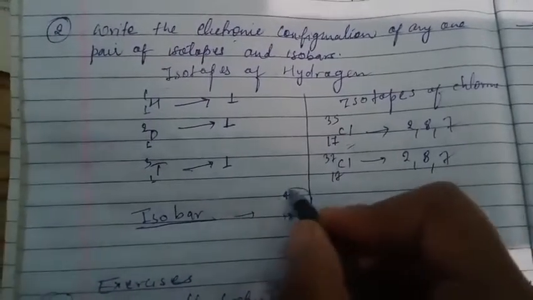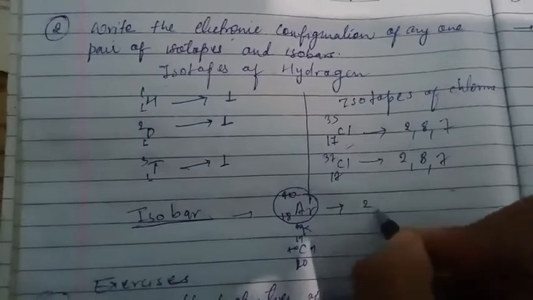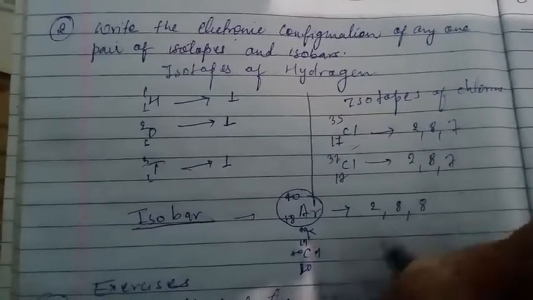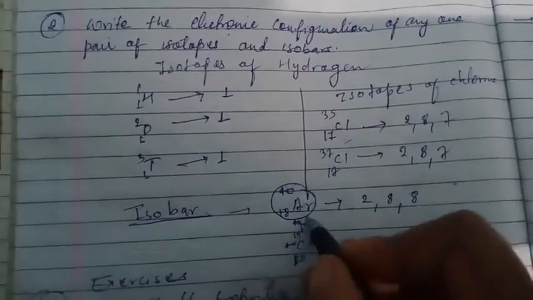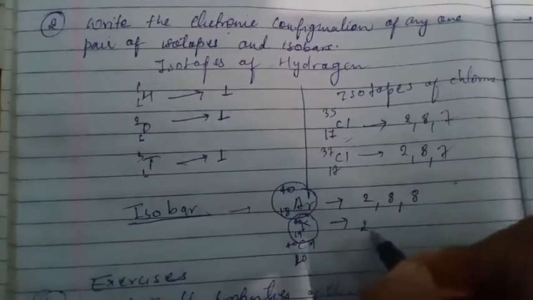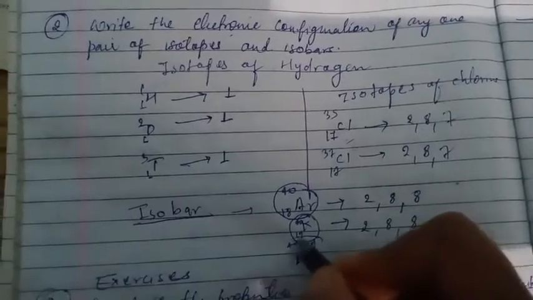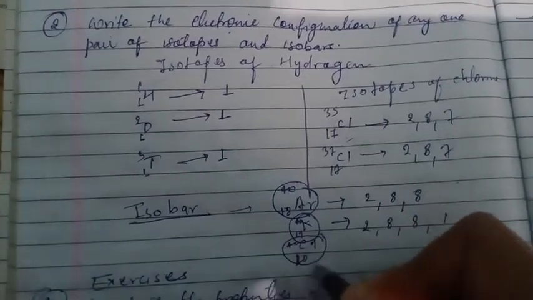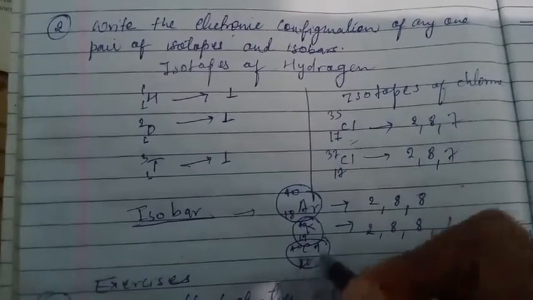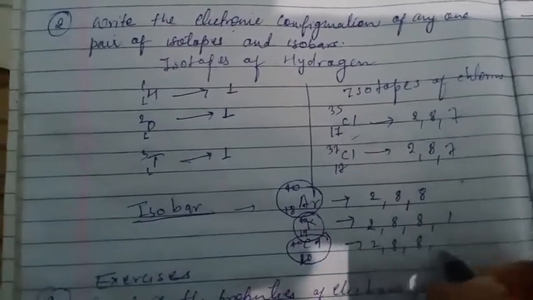Okay, so we will write the electronic configuration of argon: 2, 8 and 8. Okay, what about potassium? It is 2, 8, 8, 1. Okay, what about calcium, which is 20, calcium 40? It is 2, 8, 8, 2.